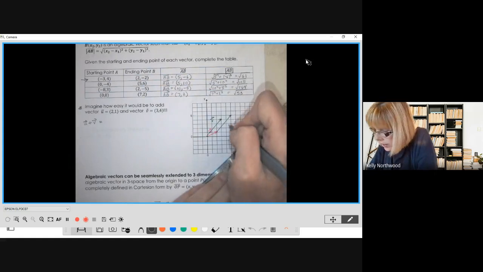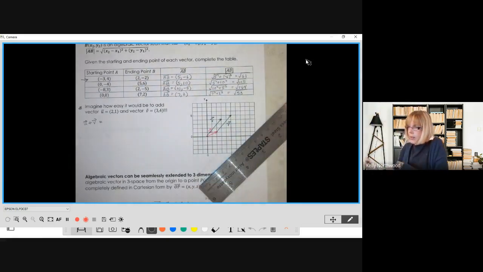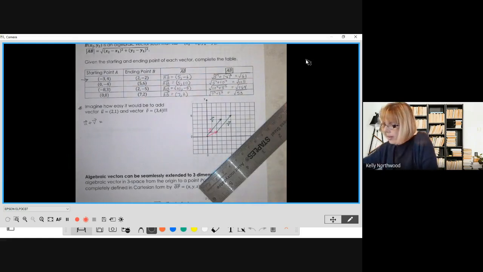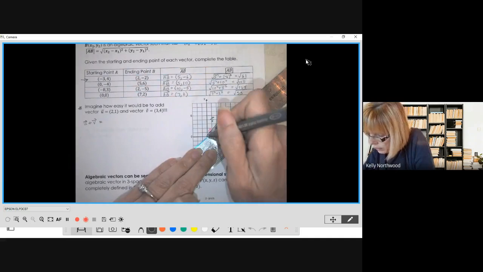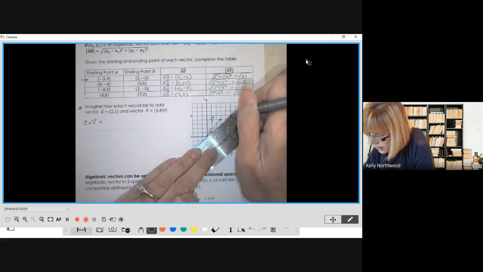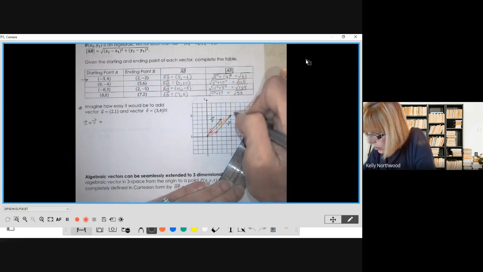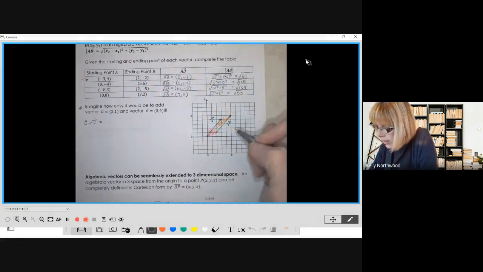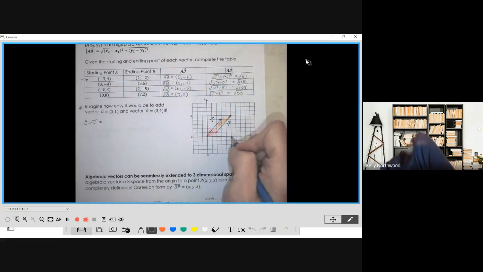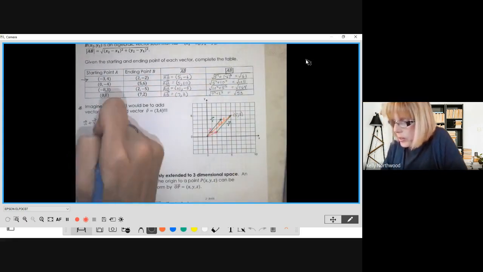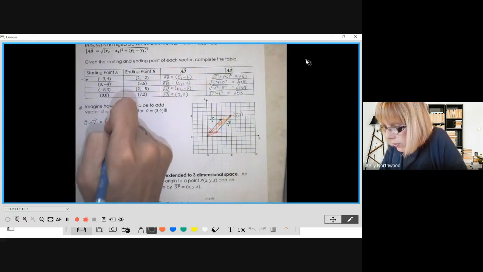So there's vector v on the tip of vector u. And then this vector from 0, 0 to the tip of vector v is going to be vector u plus v, this orange vector I just drew. And we can see that vector u plus v is going to be algebraic vector 1, 2, 3, 4, 5, 1, 2, 3, 4, 5. This point here is 5, 5. So vector u plus v is 5, 5.